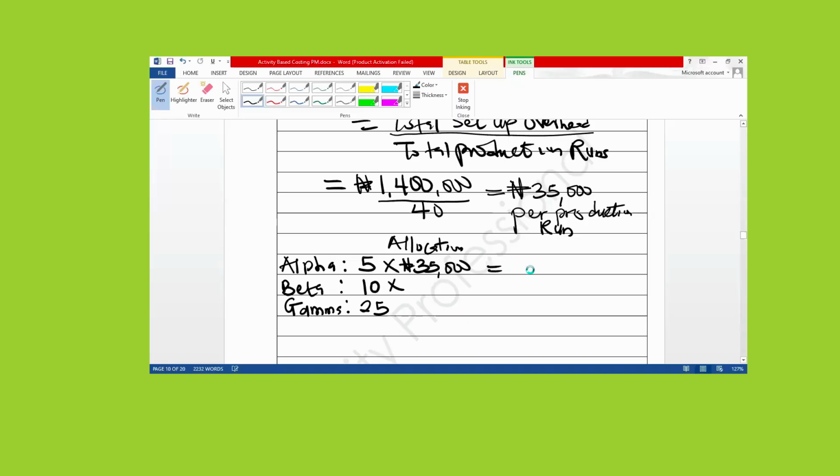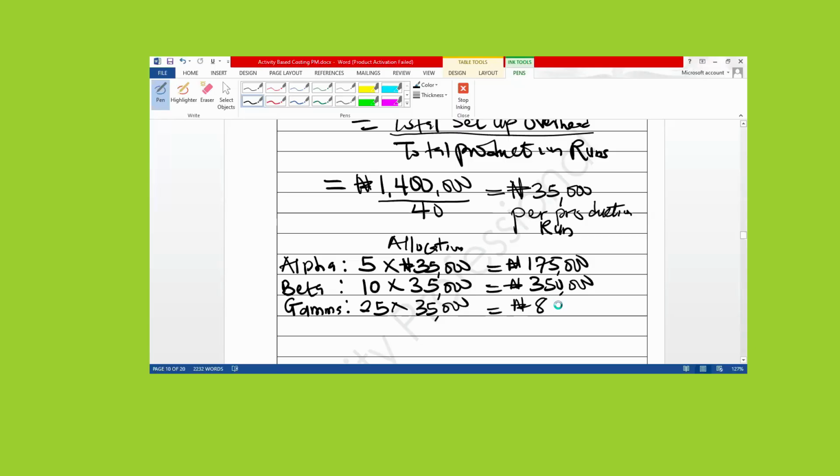This is 175,000. Multiplied by 10 at 35,000 gives 350,000. Multiplied by 25 at 35,000 will give us how much? 875,000.